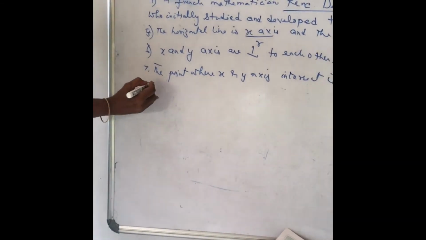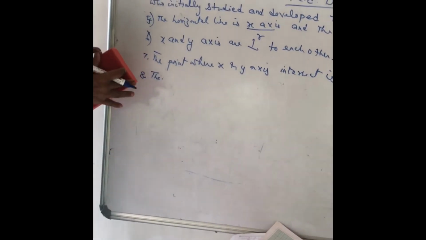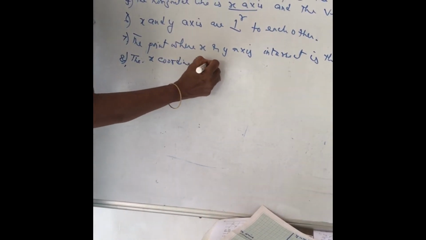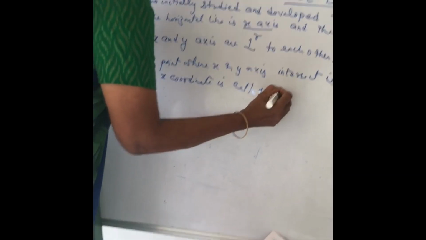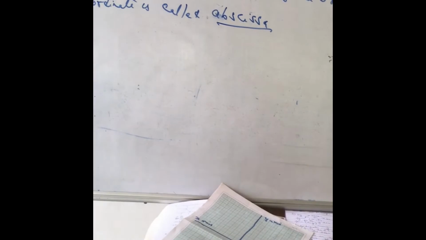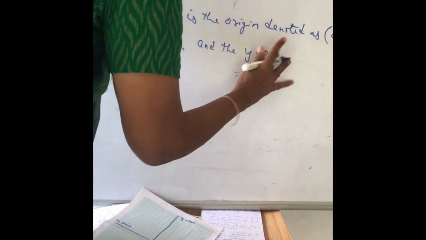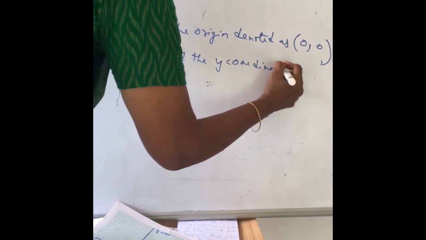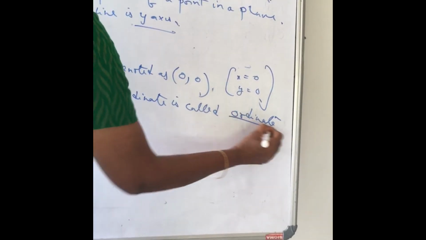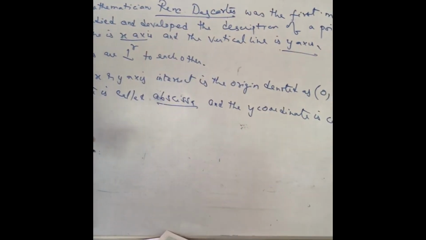Next, the x coordinate is called abscissa and the y coordinate is called ordinate.